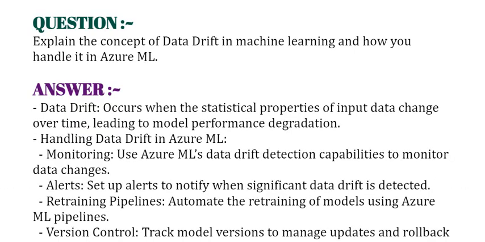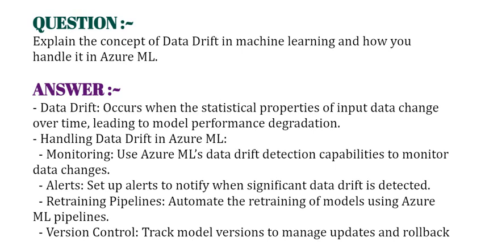Our next question is, explain the concept of data drift in machine learning and how you handle it in Azure ML. Your answer should be, data drift occurs when the statistical properties of input data change over time, leading to model performance degradation. Handling data drift in Azure ML.